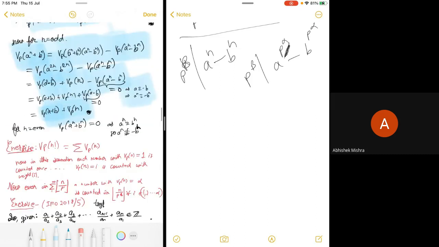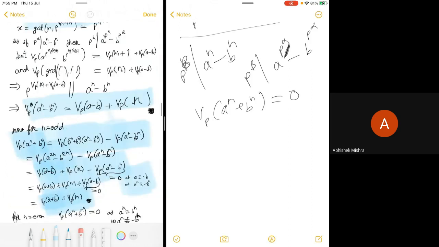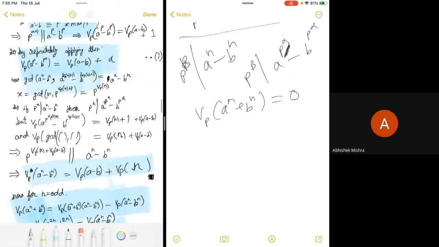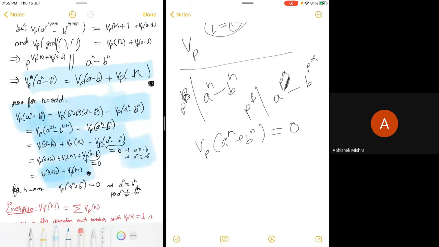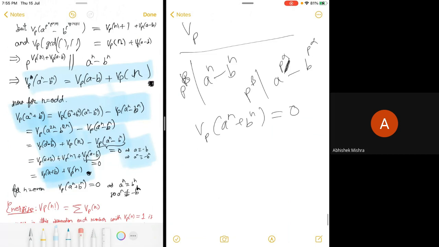Moreover, for even n, Vp of a to the n plus b to the n is equal to 0. This is because, like, we assumed, and also there is a condition in this that p should divide a plus b. So we have assumed that a is congruent to minus b modulo p.